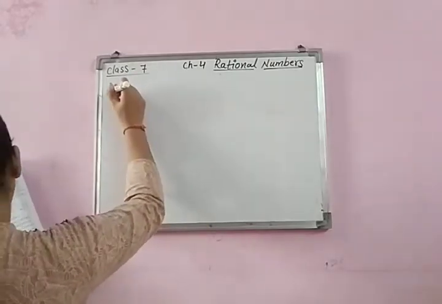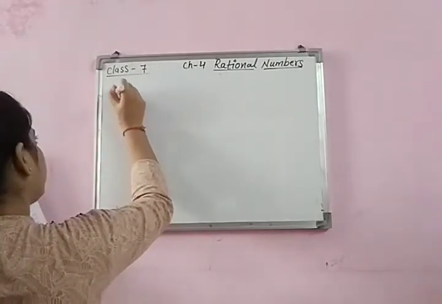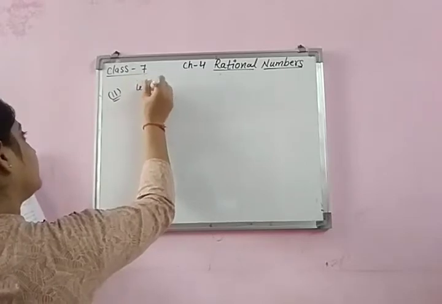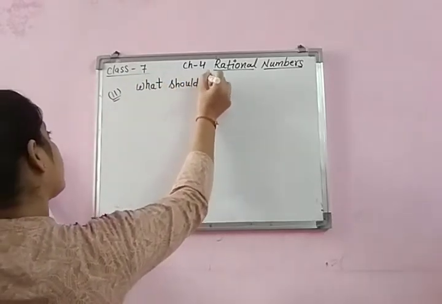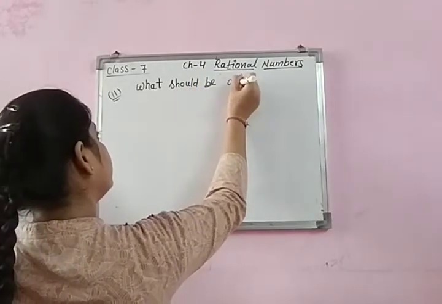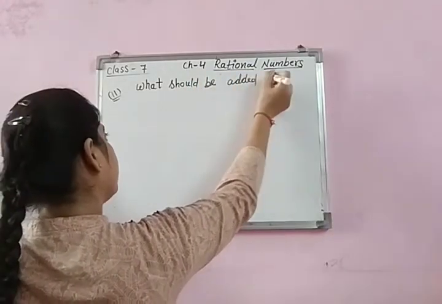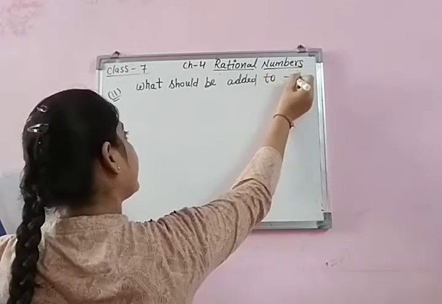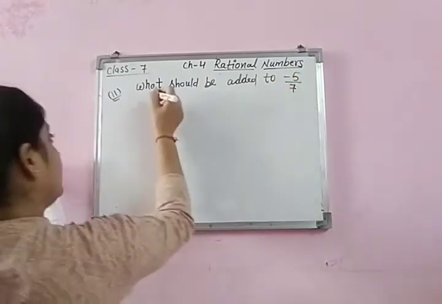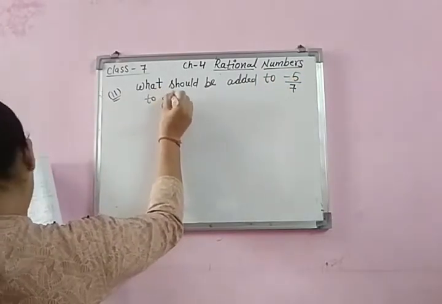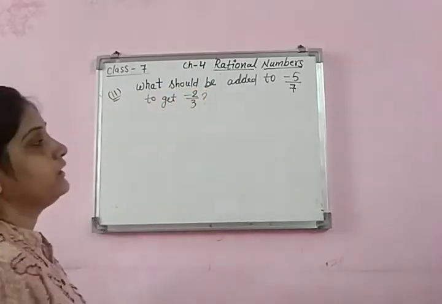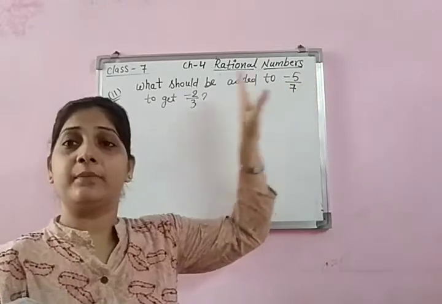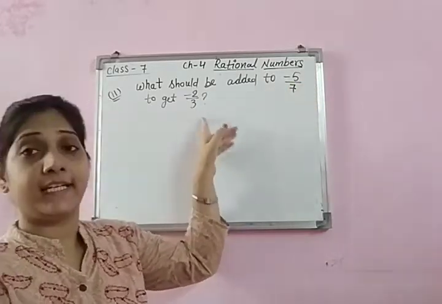Do you remember, children, we had already done this question. So question number 11. In decimals also we had done, what should be added to negative 5 by 7 to get negative 2 by 3? So what should be added to negative 5 by 7 to get this?